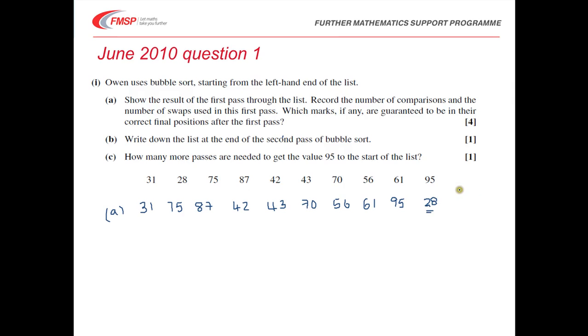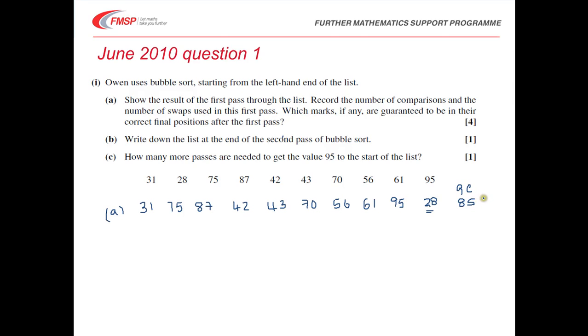So we have started with 10 numbers, so we had 9 comparisons, and we then swapped the 28 with 8 of them. We didn't swap it with the 31, so we have 8 swaps. So that's the result of the first pass.